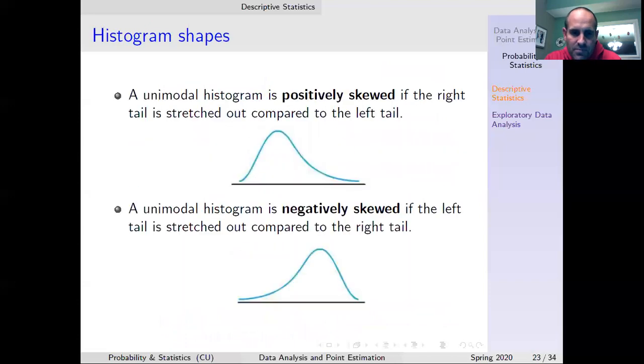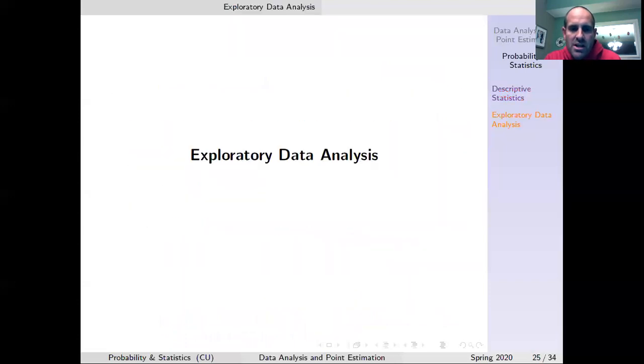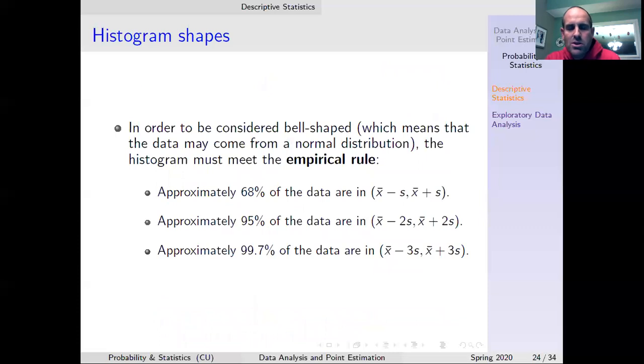So we went through all this stuff. Oh, I talked about this empirical rule for when we suspect we have a normal distribution. If we get a sample mean and sample standard deviation, and if I go down and up from the sample mean by 1 standard deviation, I have roughly 68% of the data.